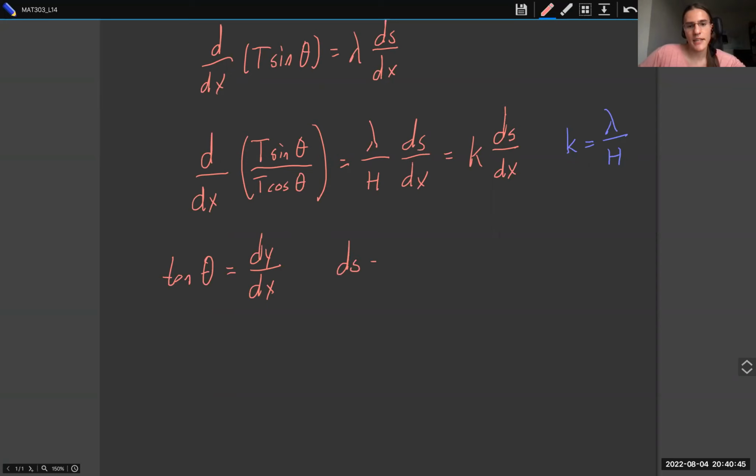Ds is equal to the square root of dx squared plus dy squared. So infinitesimally, if we imagine the change in length, we can forget about the fact that it's curved because we're in a very tiny space. And so what that tells us is that ds dx is equal to, this is sort of the formula for arc length, square root of 1 plus y prime squared.